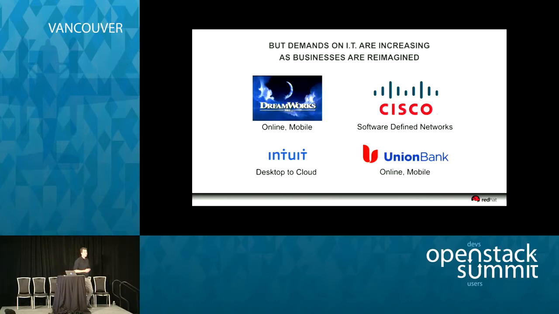Intuit, seeing a shift of their customer base from desktop and laptop installed software to online. And this is really creating new service possibilities and the ability to quickly introduce new services to their customers. Likewise, Union Bank, representative of many banks across the globe, seeing a shift of their customer base from physical to online and mobile banking. And with this, they're able to rapidly introduce new services to their customers as well.